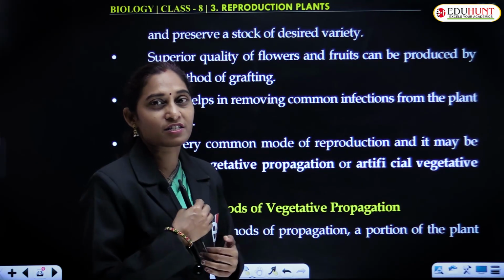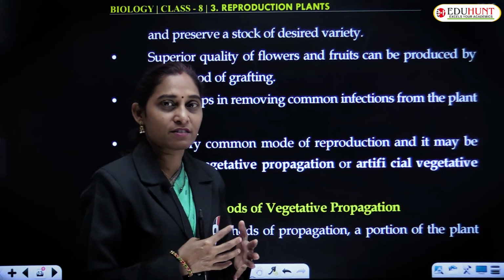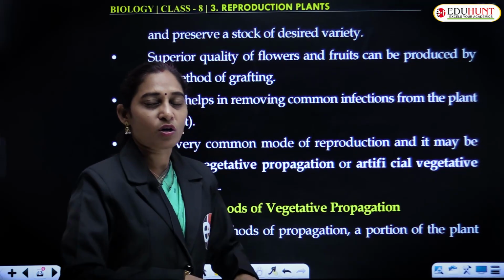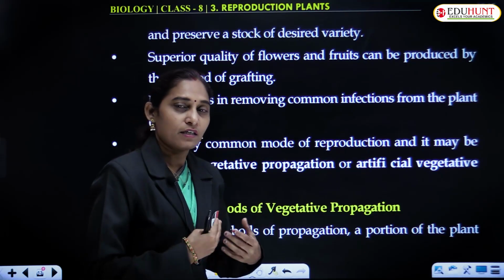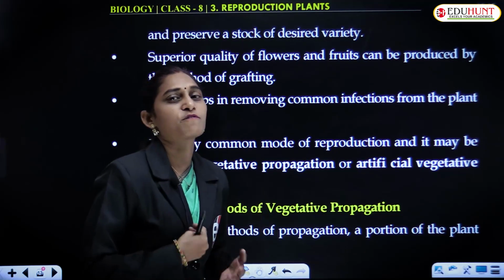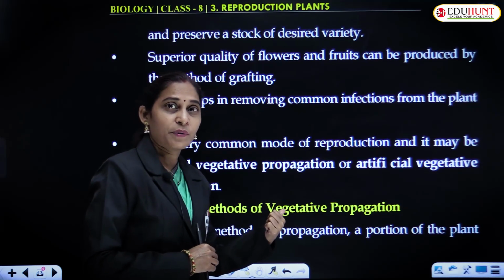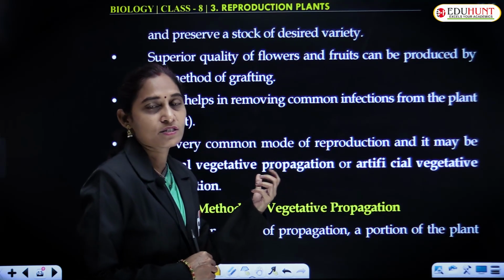Genetic variations will arise among the population, among the individuals, or among the daughter cells or the offspring, progeny. But in vegetative means, no such variations are generated.